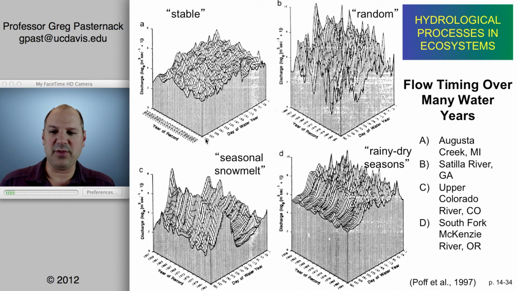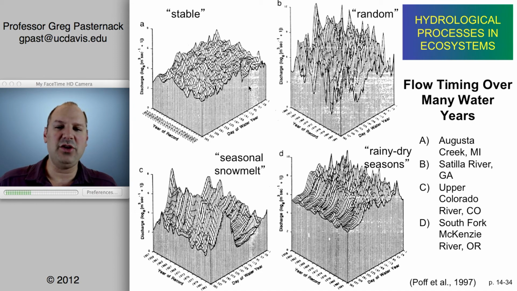So in each one of these plots, the years are increasing from left to right, and then day 1 is January 1st, 365 is December 31st. And it's plotting the totality of all of the data that you have on record as a three-dimensional plot.